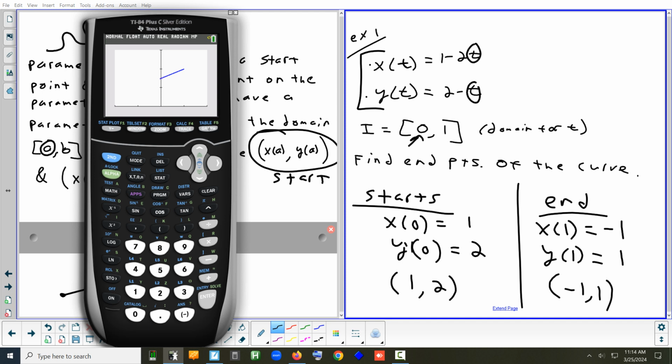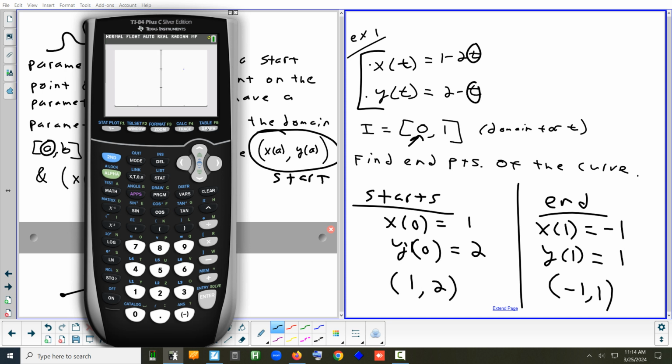I mean, it can still do it. It's going to finish in a reasonable amount of time. Maybe it took 15 seconds to do it. But I'm really plotting way too many points. For a straight line, you don't need 1,000 points, if that's what the calculator is doing. Now, let's just say you did 0.0001.